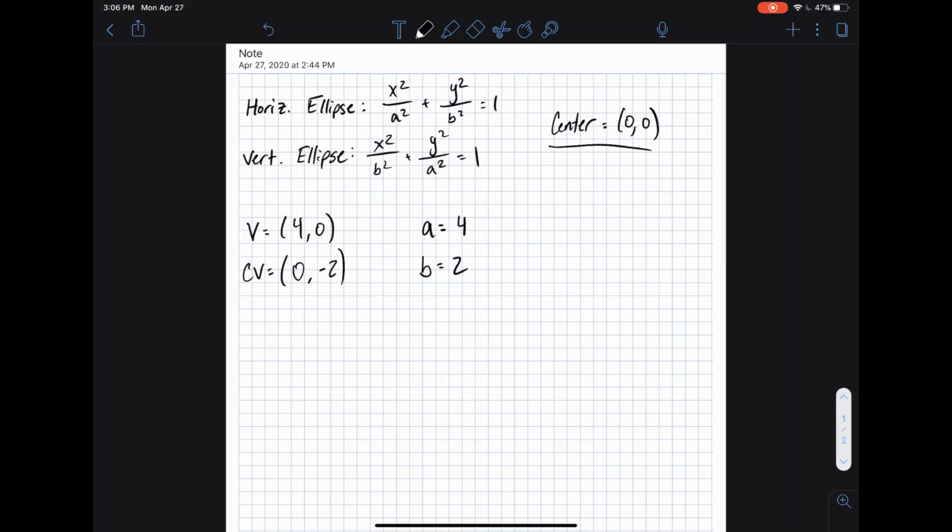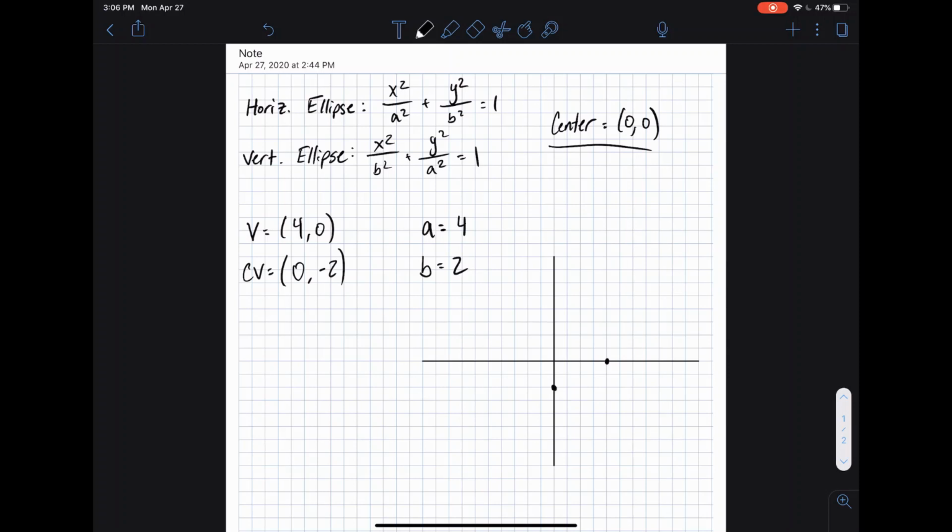So now that we have all the information we need to write an equation, we have to choose: is it a horizontal or a vertical ellipse? Now, if we look at a graph, 4, 0 lies on the x-axis, and 0, -2 lies on the y-axis.